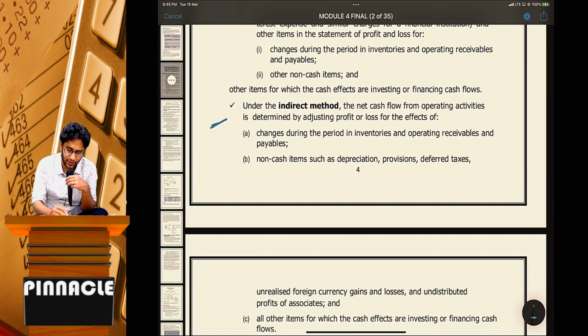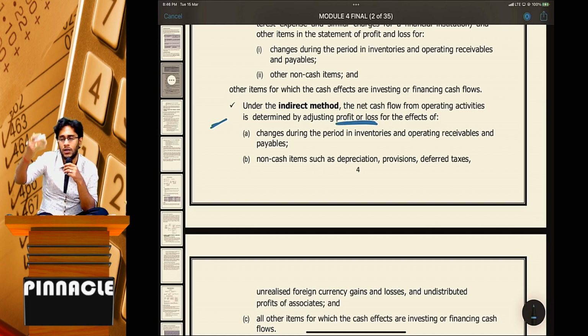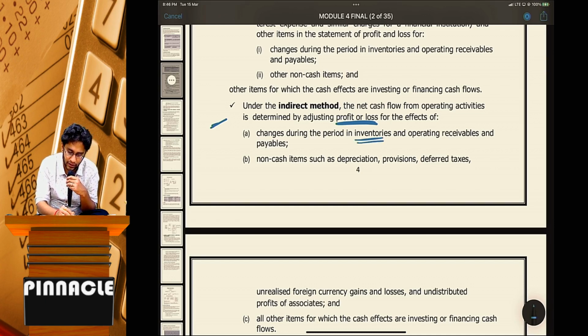Under the indirect method, the net cash flow from operating activities is to be determined by adjusting profit or loss. Take profit and from that work out cash flow from operating activities. What all adjustments do you have to give? Changes during the period of inventories, operating receivables and payables.